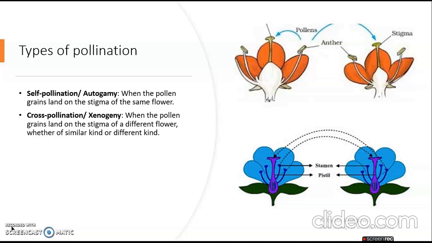When the pollen grains land on the stigma of the same flower, that is self-pollination. As you see in picture 1, the pollen grains have landed on the stigma of the same flower.